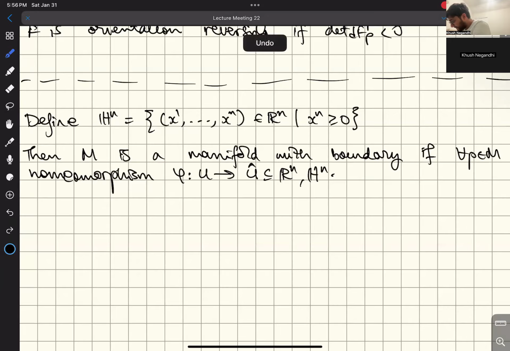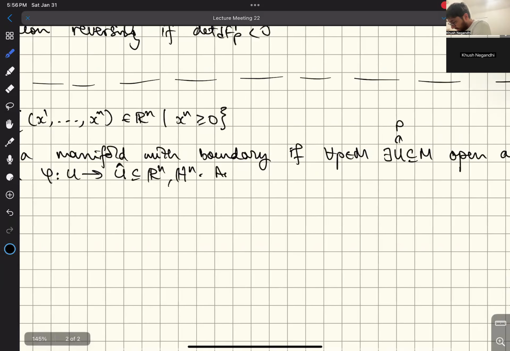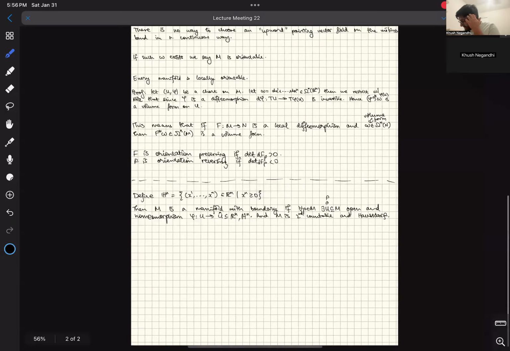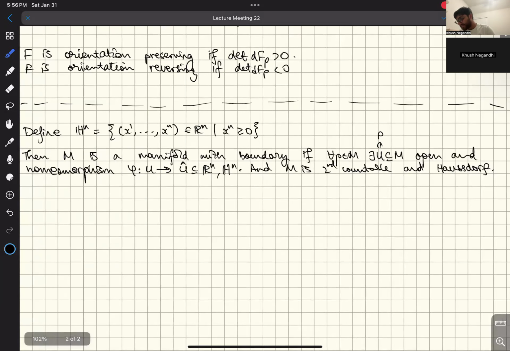And M is second countable and Hausdorff. Okay. So it's basically a manifold, but instead of being locally homeomorphic to an open subset of R^n, it's locally homeomorphic to an open subset of either R^n or H^n.